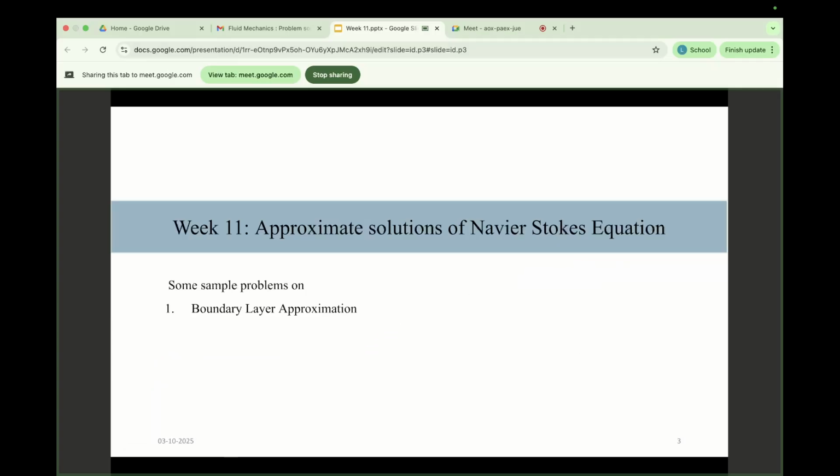So in a curved surface there is always a certain pressure gradient. Say this is a curved surface.